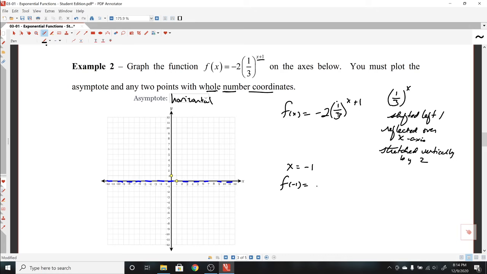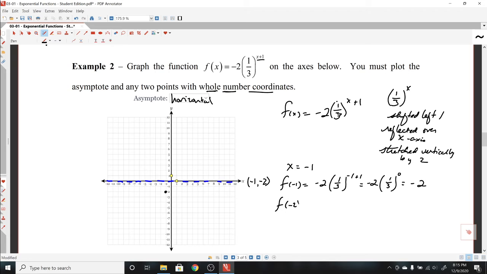So f of -1 is -2 times 1/3 to the -1 plus 1. -1 plus 1 is 0. 1/3 to the 0 is 1 times -2 is -2. So we get the point -1, -2.